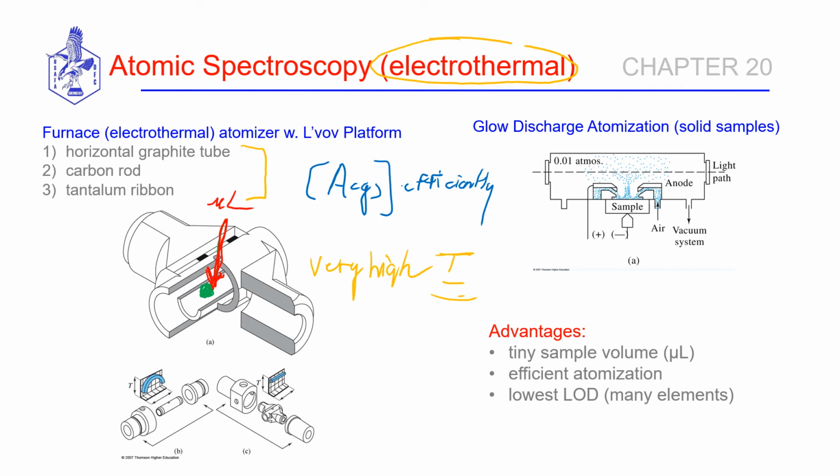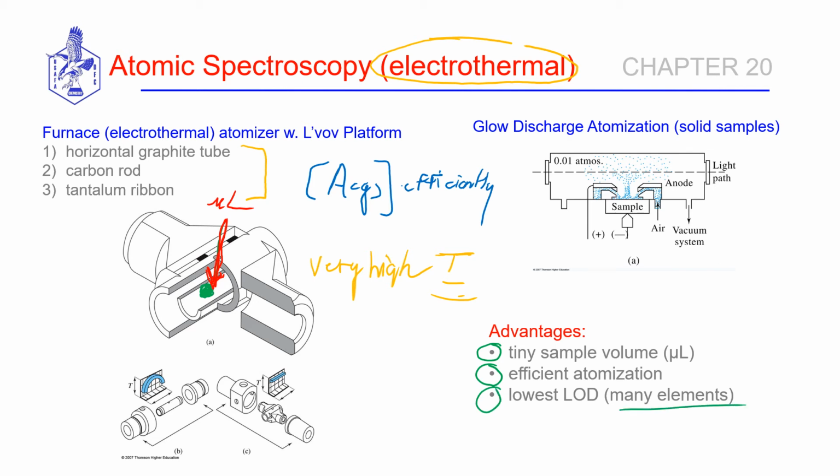As we noticed, our electrothermal methods for many elements provide some of the lowest limits of detection. So the huge advantages: you only need a tiny amount of sample. It provides very efficient atomization because of the high temperatures that it reaches, and therefore it provides the lowest detection limits for many elements.